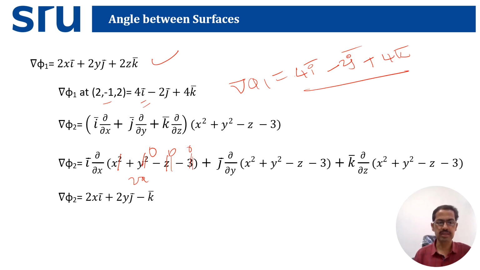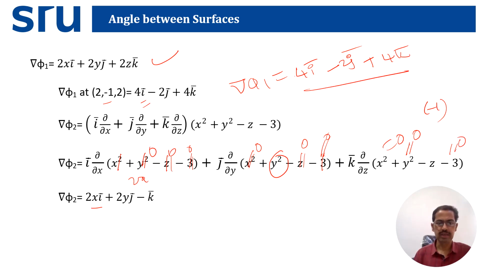So 2x i bar. With respect to y, x square derivative is 0, 3 derivative is 0, and y square derivative is 2y j bar. And with respect to z, x square derivative is 0, y square derivative is 0, z derivative is minus 1, and 3 derivative is 0.